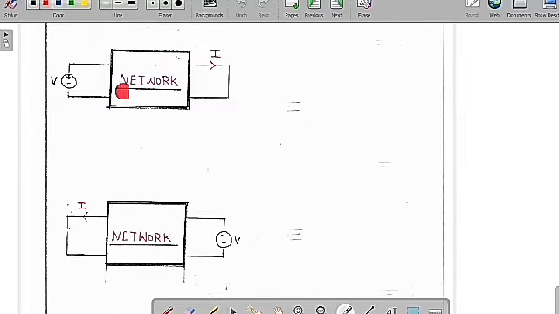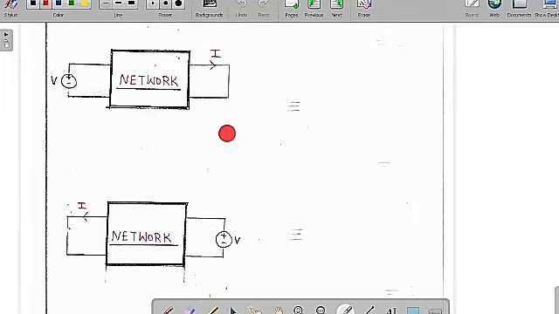So you can see clearly here, this is some complex network. It contains only linear bilateral network elements. Now this is an independent voltage source, and there is nothing like dependent sources in this circuit, and the response of the circuit is I. Now I am going to interchange these two parameters. So now this will become the source, and this will become the response.